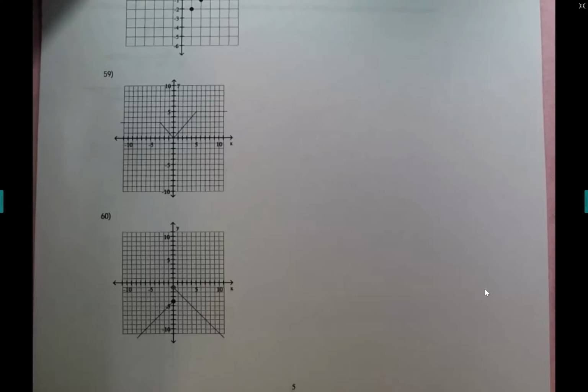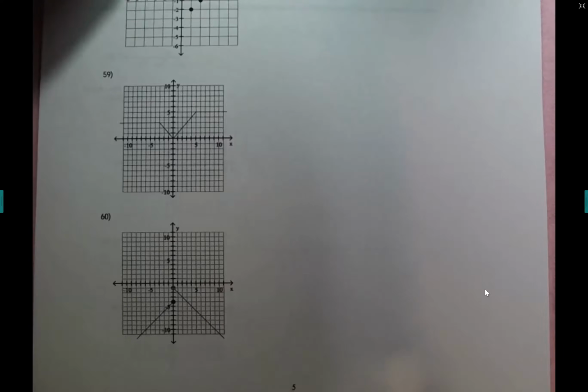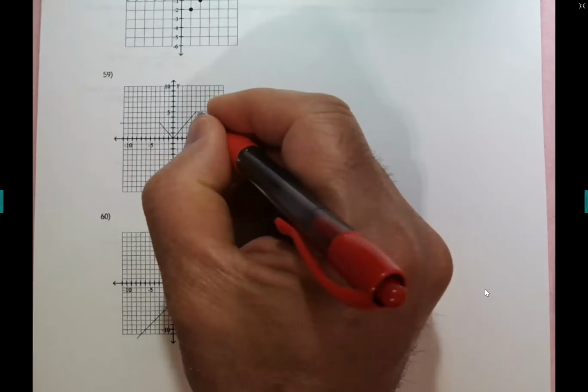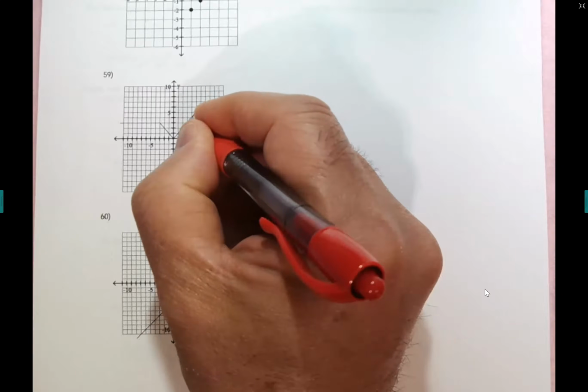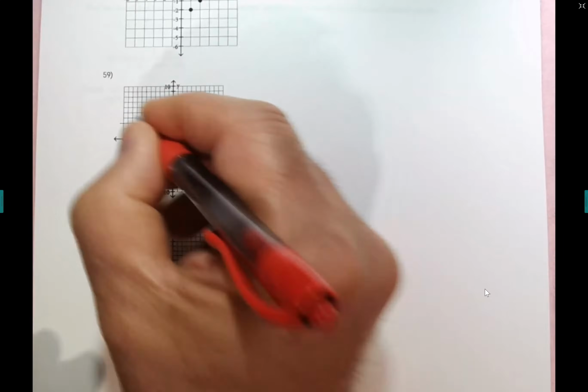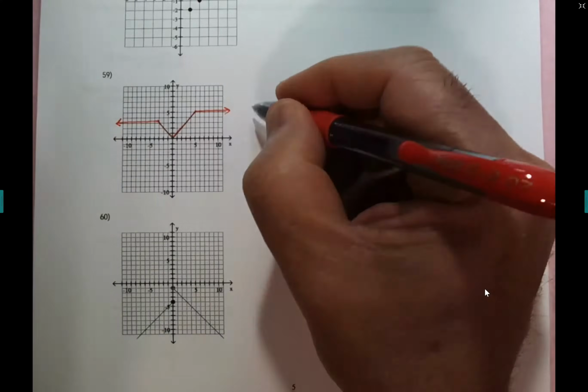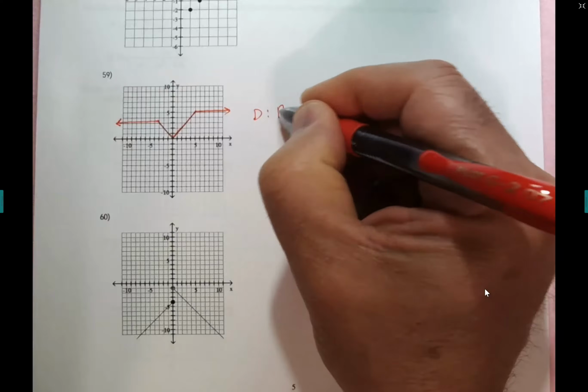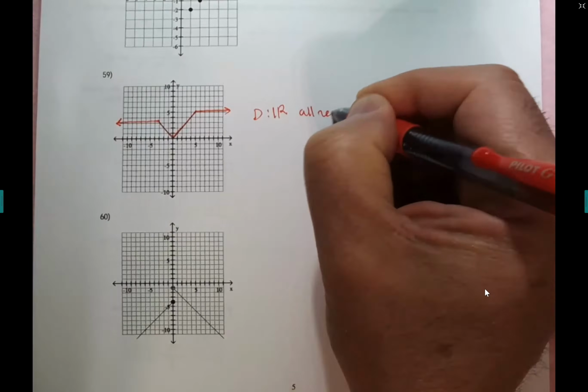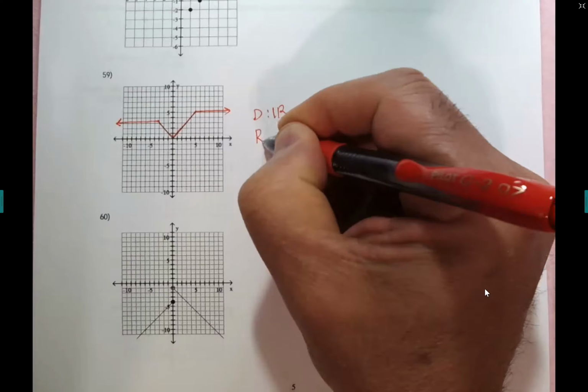Let's take 59, guys. It looks like this. So we can see what we're doing here. What do you think the domain of this function is? It seems like it expands over the entire x-axis. If it does, then the domain will be all real numbers. What about the range?